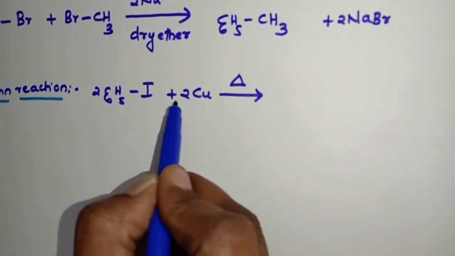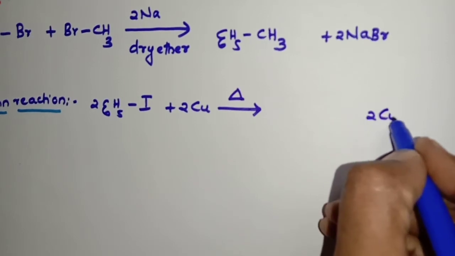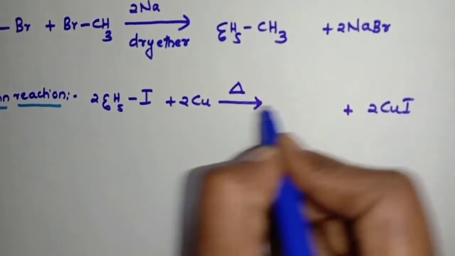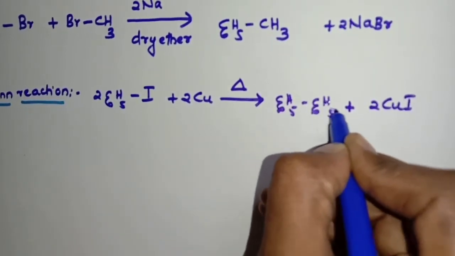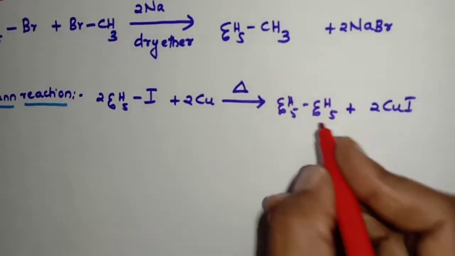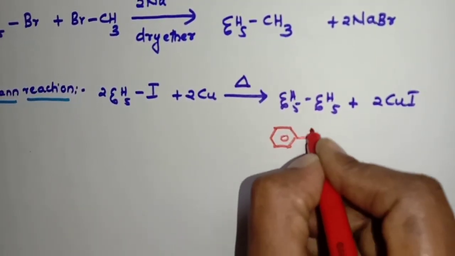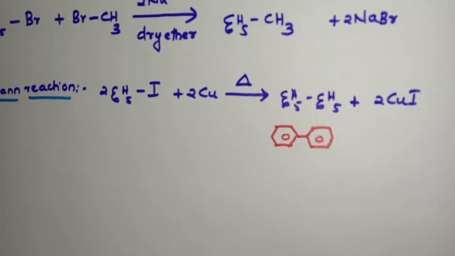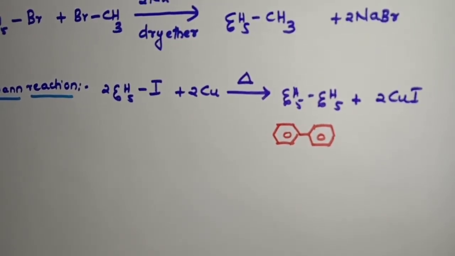Two I's are there, na? 2Cu, so total 2CuI will come out. Plus, what do we get? The main product, C6H5-C6H5. It is called as diphenyl. Okay, students. This is called as Ullmann reaction.